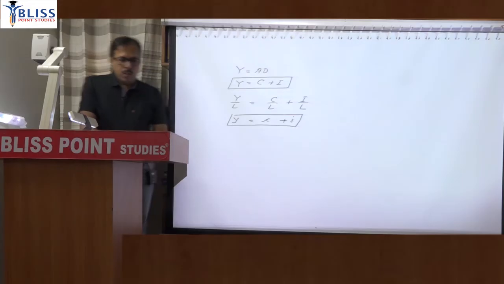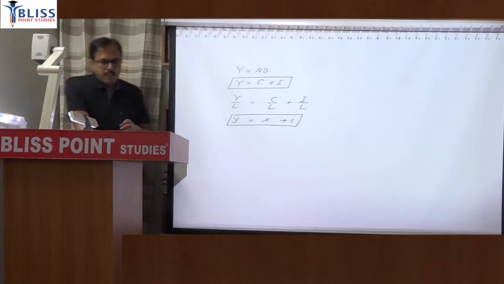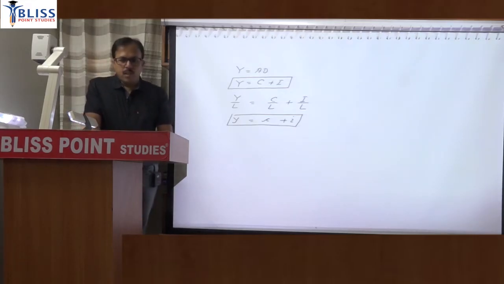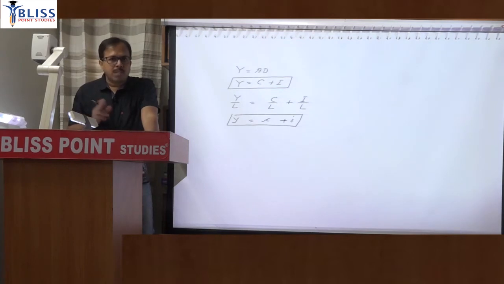Continue with this. The model assumes that a constant fraction of income is saved and the remaining is spent on consumption.